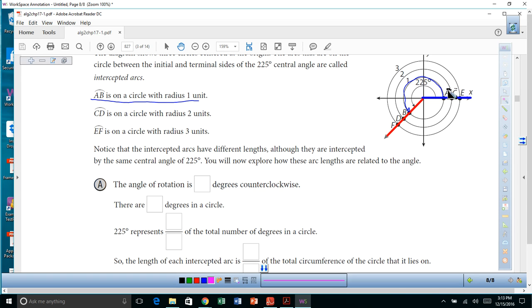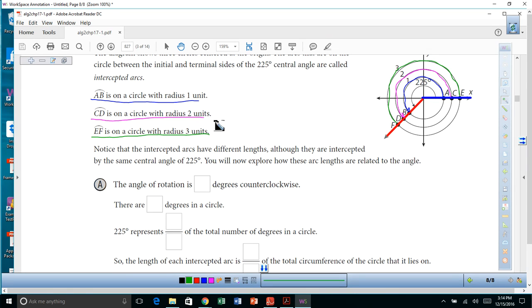So that's CD, right? So CD is on a radius of 2. And EF, that's this one here. EF is going to be out there. So EF is on a circle with a radius of 3.